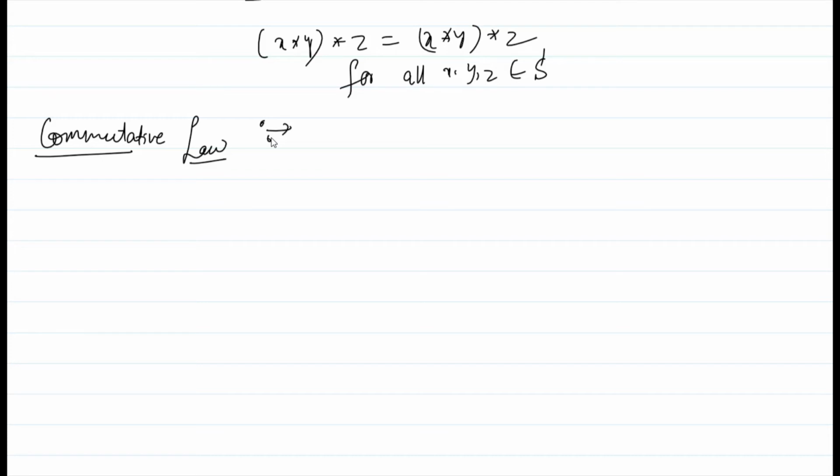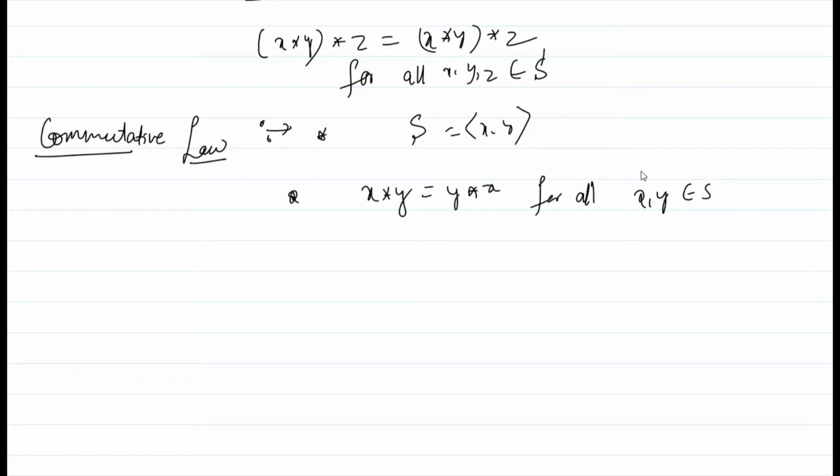The commutative law states that a binary operator star on a set S is said to be commutative whenever, for the elements of set S, say x and y, x star y is equal to y star x, for all elements x, y which belong to S. This is known as the commutative law.